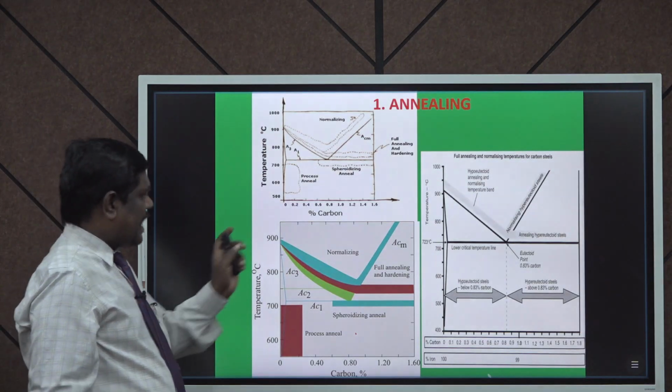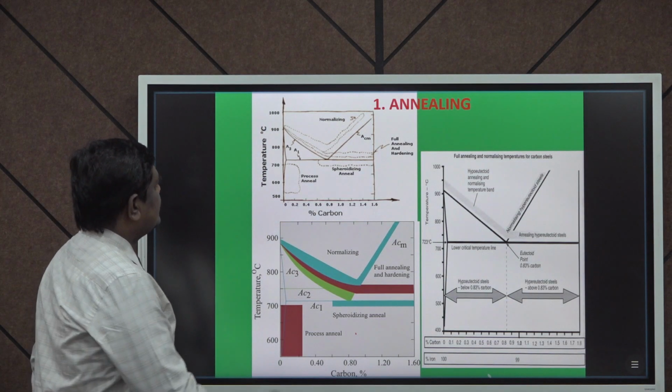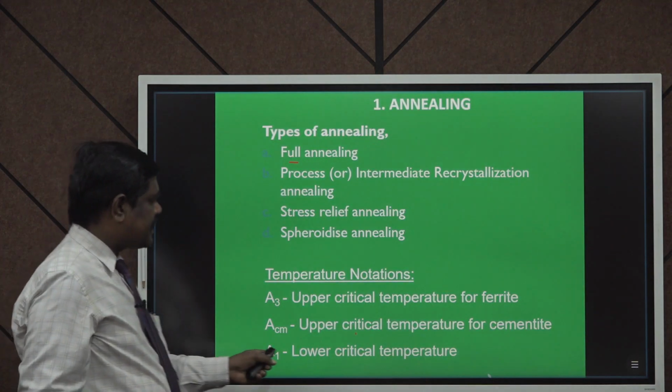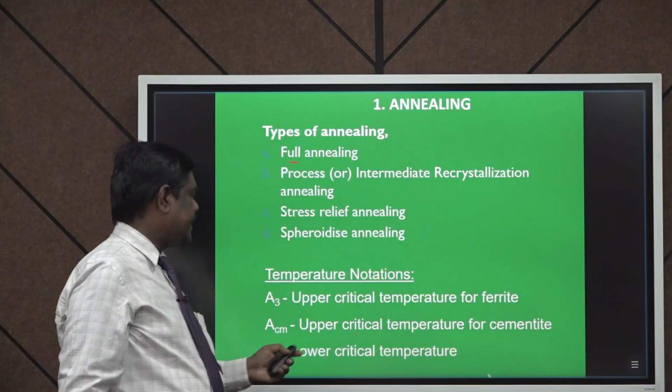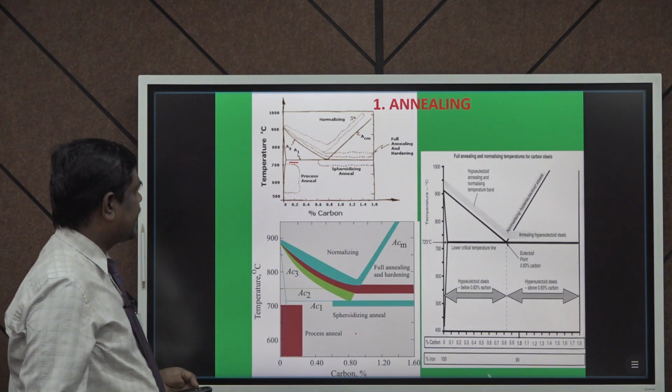And this graph shows the typical annealing process. Look at this temperature. A1 represents the lower critical temperature and A3 represents the upper critical temperature.